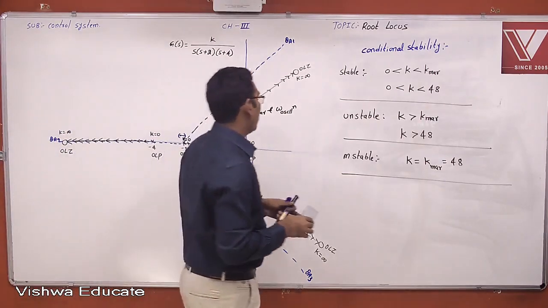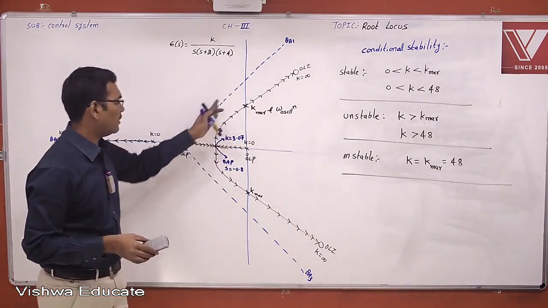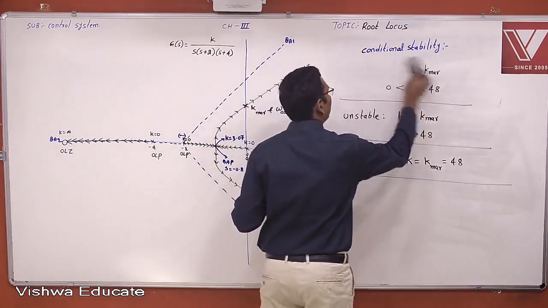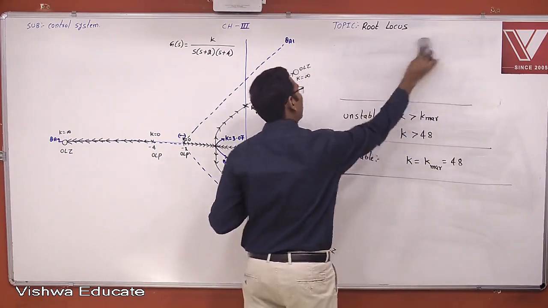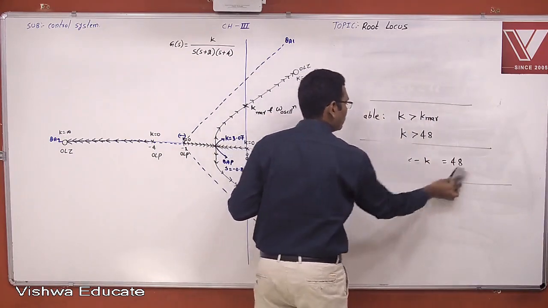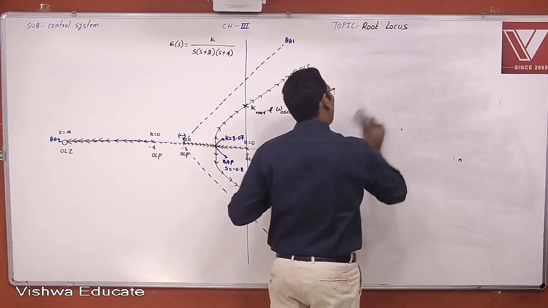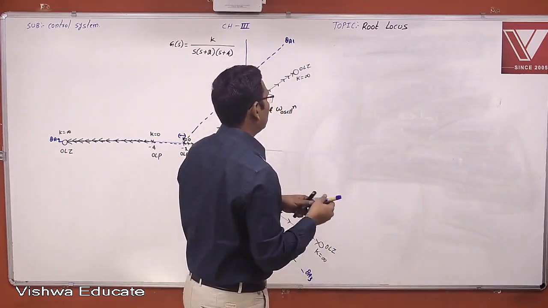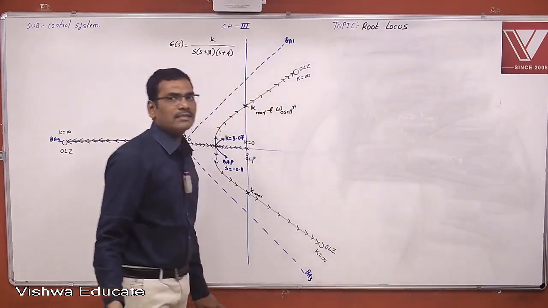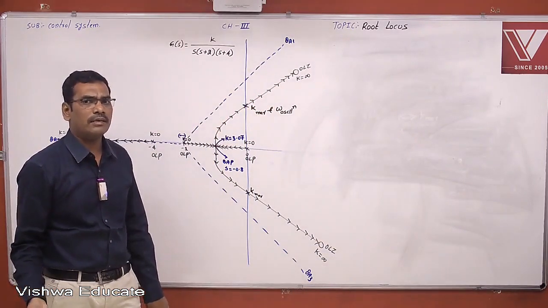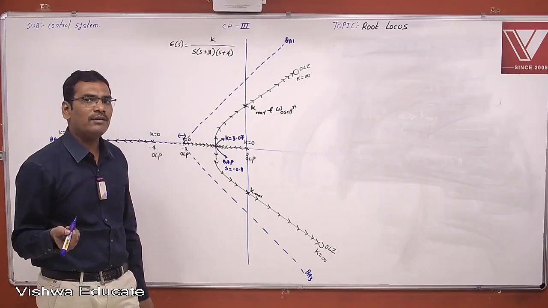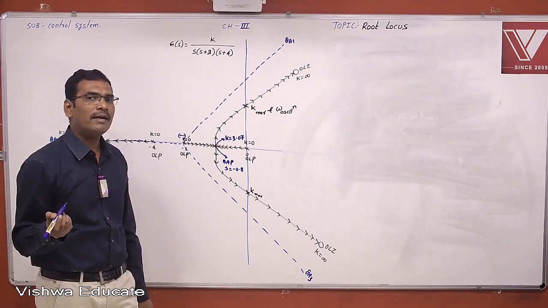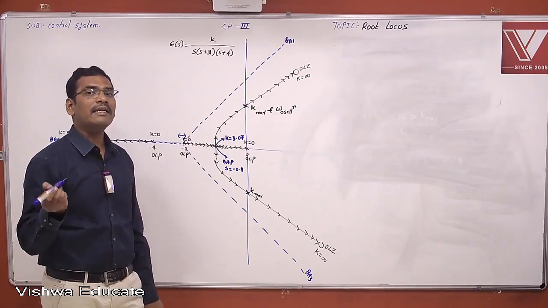You know that, okay? But now you can easily understand, one more thing is very, very important. What is the range of values of K such that the root locus diagram is said to be overdamped, underdamped, critically damped?